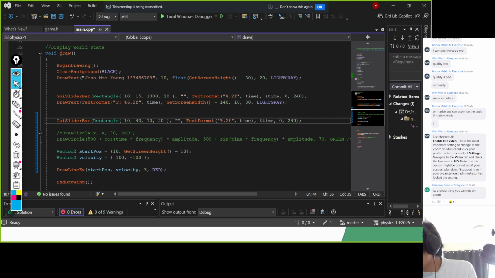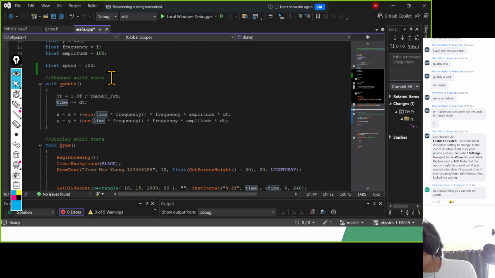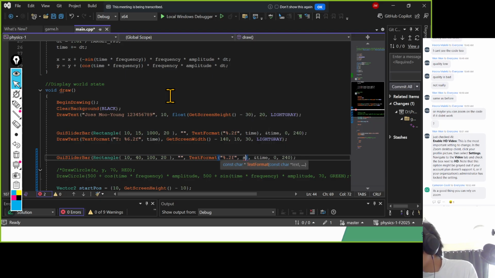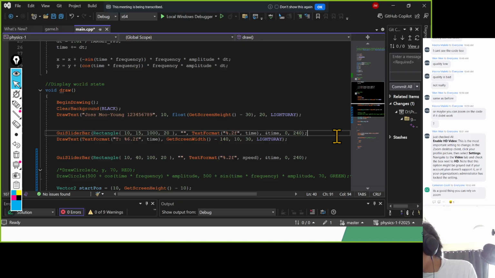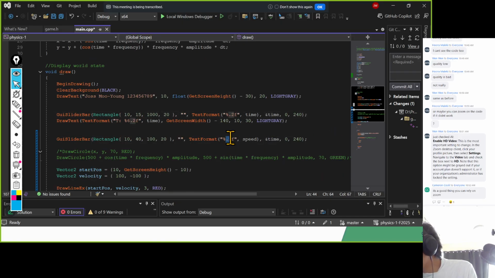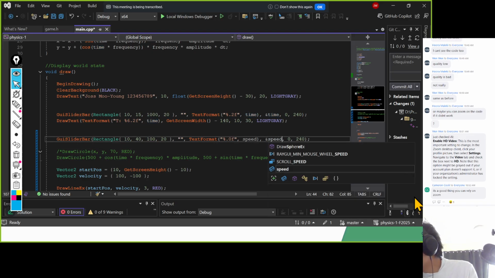The width doesn't need to be so long. This is not going to control time, instead it's going to control speed. And I don't need it to do decimal places. You know what? I'll keep it whole as well.